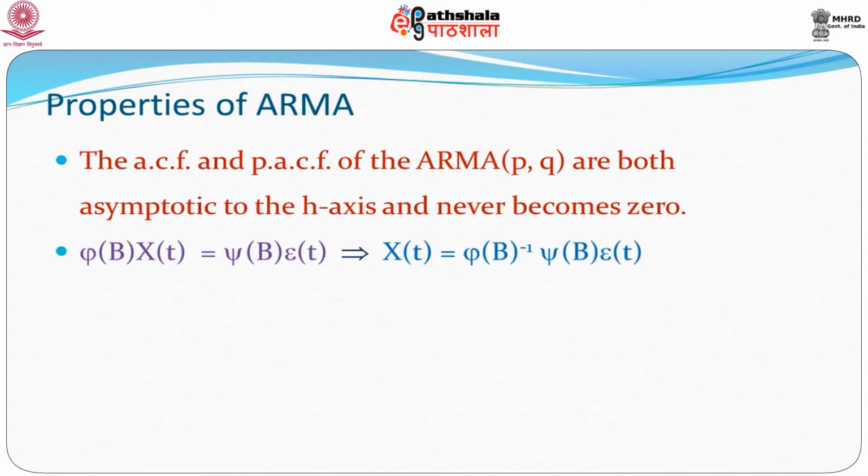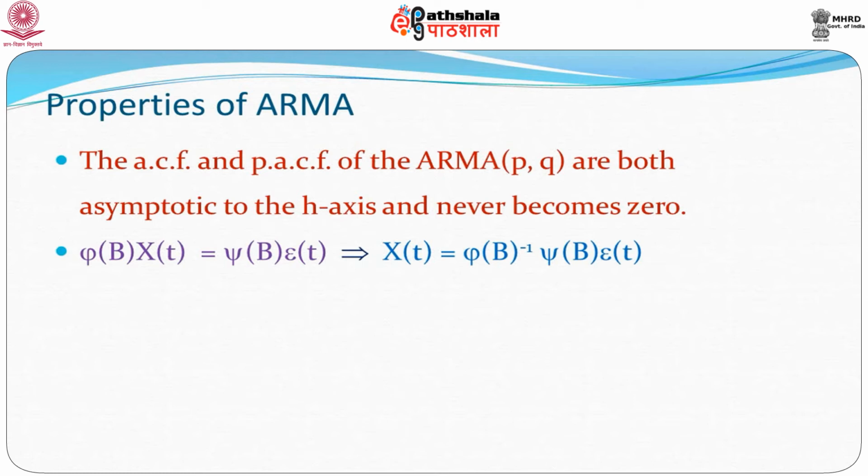There is another property that we would like to look at. If you look at phi B x t equal to psi B epsilon t, that is the model, and if we invert the phi B, we have x t equal to phi B inverse psi B into epsilon t, and now we have a function of phi B inverse psi B which would lead to basically a series in terms of B's.